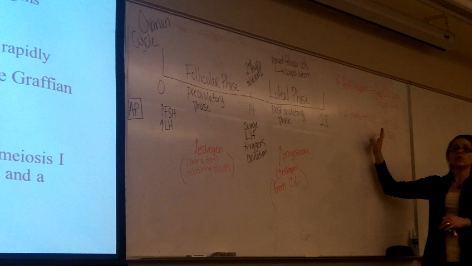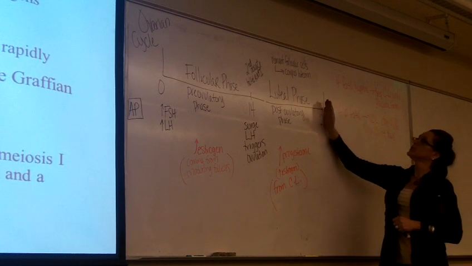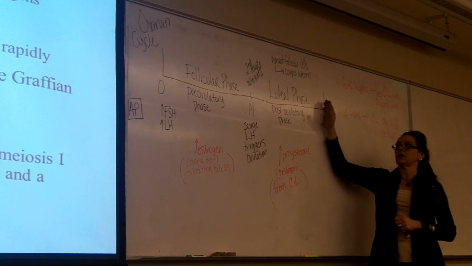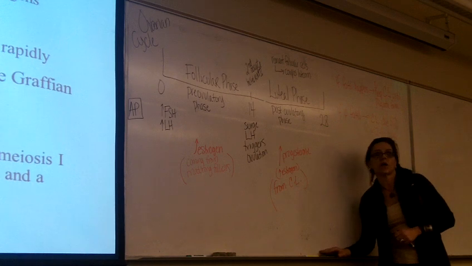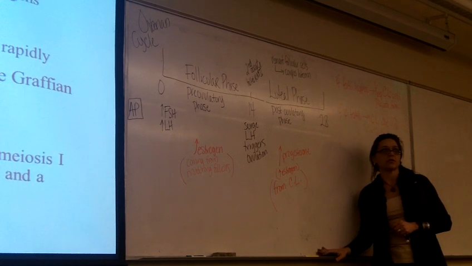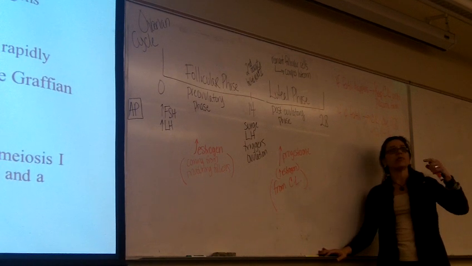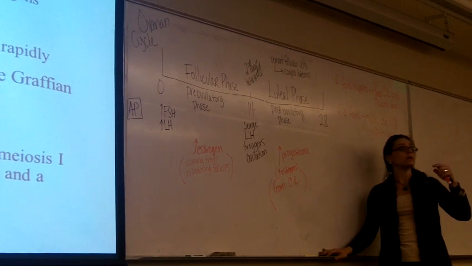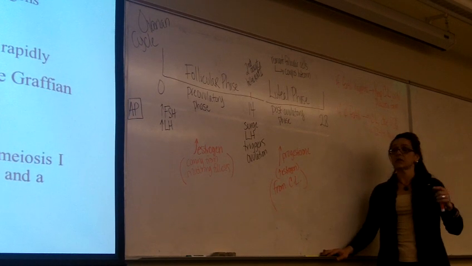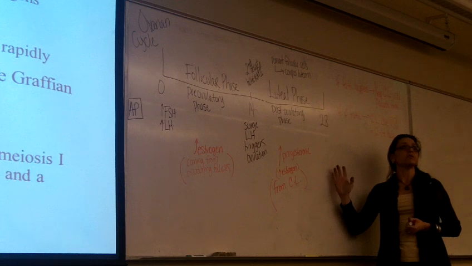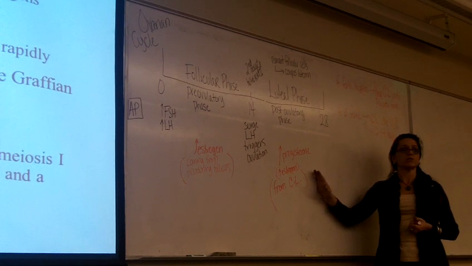Then, if there's no fertilization and the corpus luteum dies off right here, progesterone levels drop, estrogen levels start to drop. Is the hypothalamus more or less inhibited? Less inhibited, because there's less estrogen, less progesterone.